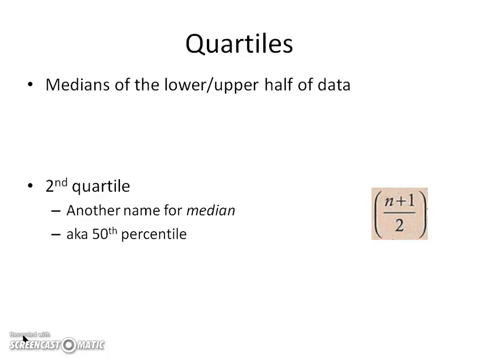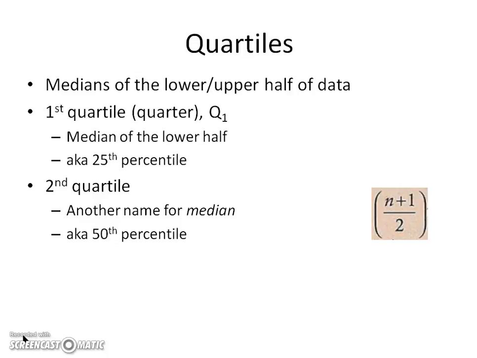Assuming that we know where my median is, I can find my first quartile. My first quartile is the median of the lower half. The median of the lower half is my Q1, also known as the 25th percentile.